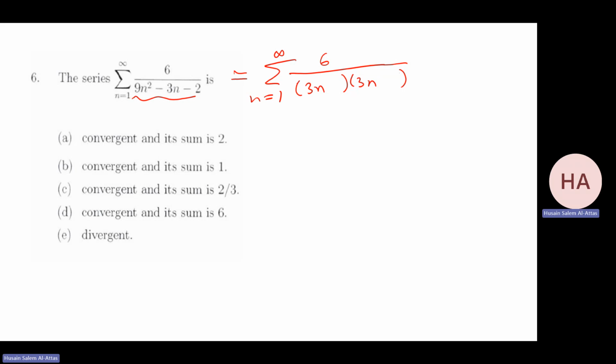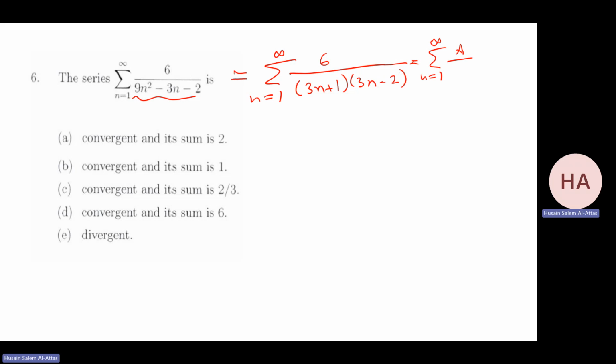What will happen? I need minus 2, and that will be plus 1. Correct? 3n minus 6n, that will be minus 3n. So it's good. Now I will do partial fractions.